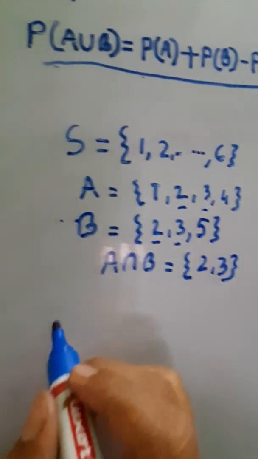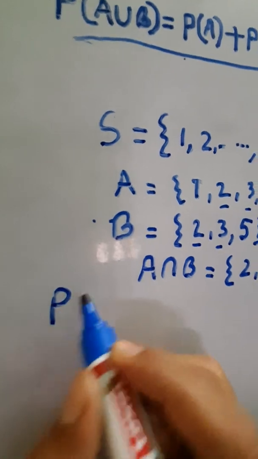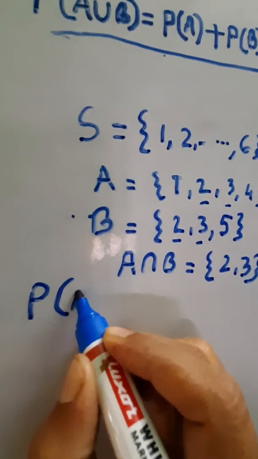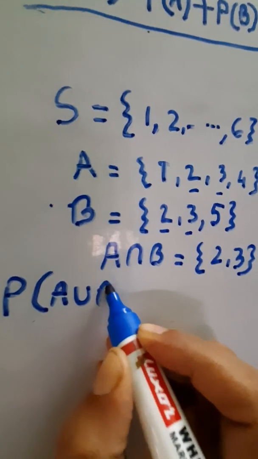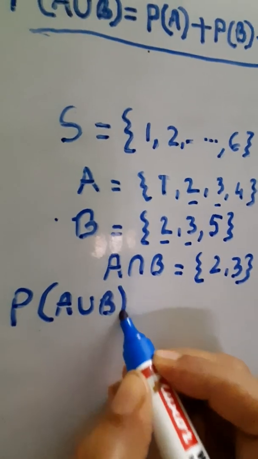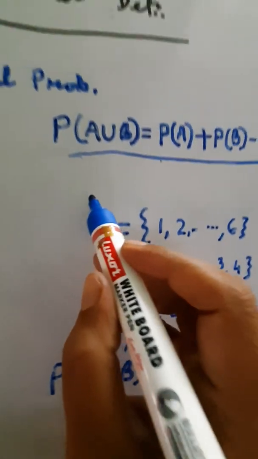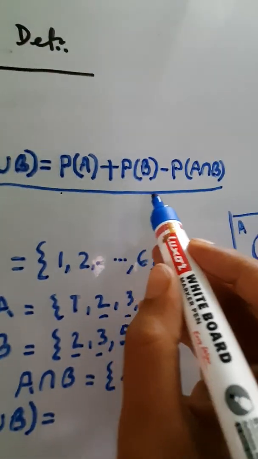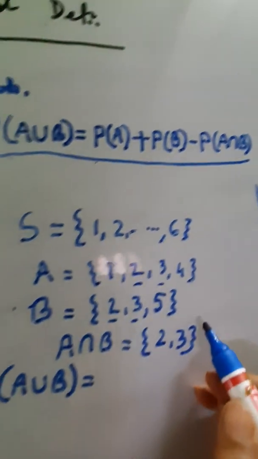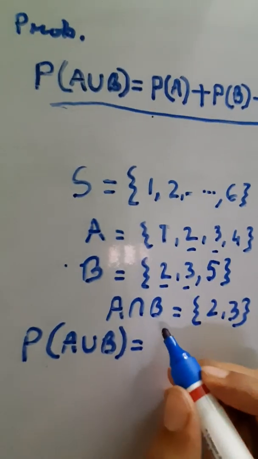Now to find probability of A union B by the theorem of total probability, we use the formula above, that is P(A) plus P(B) minus P(A intersection B). So that will be P(A union B).